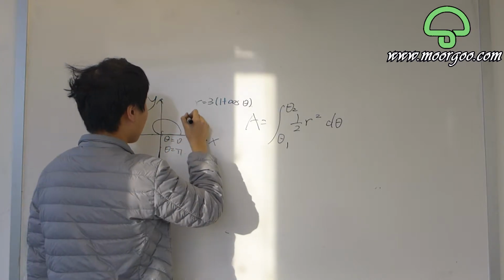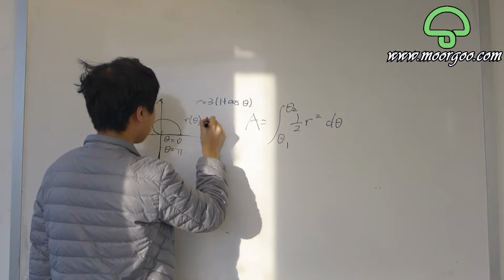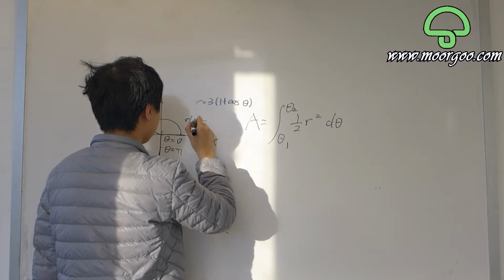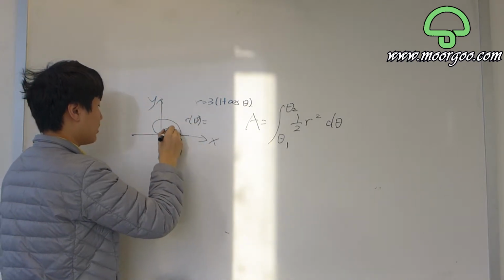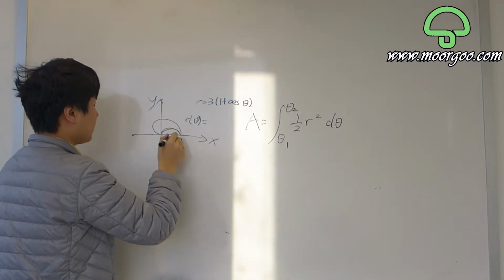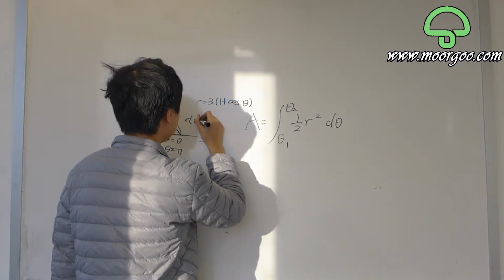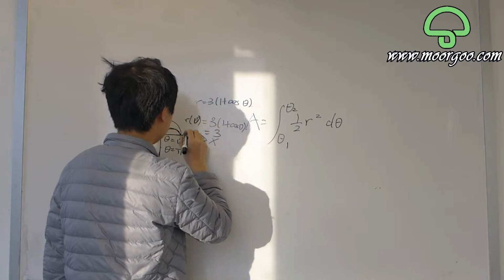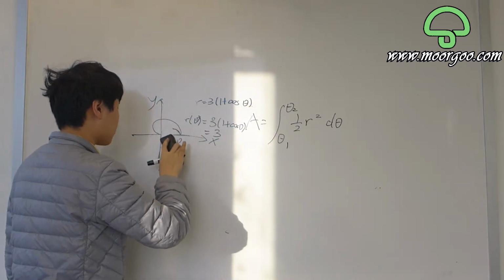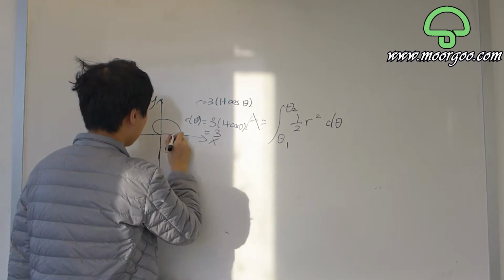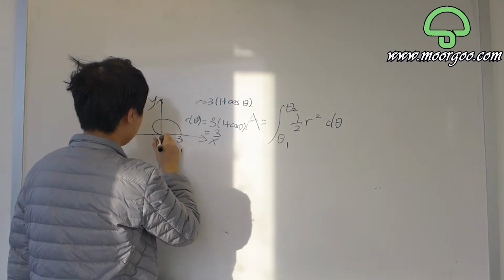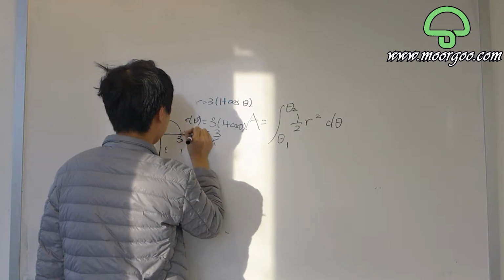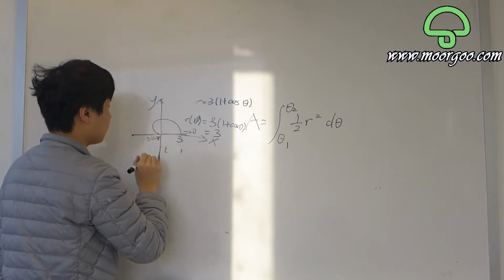Okay, and at 0, the distance from its point of origin is cosine 0, which is 1, so 3. So here is 3, and here theta is 0, and here theta is pi.